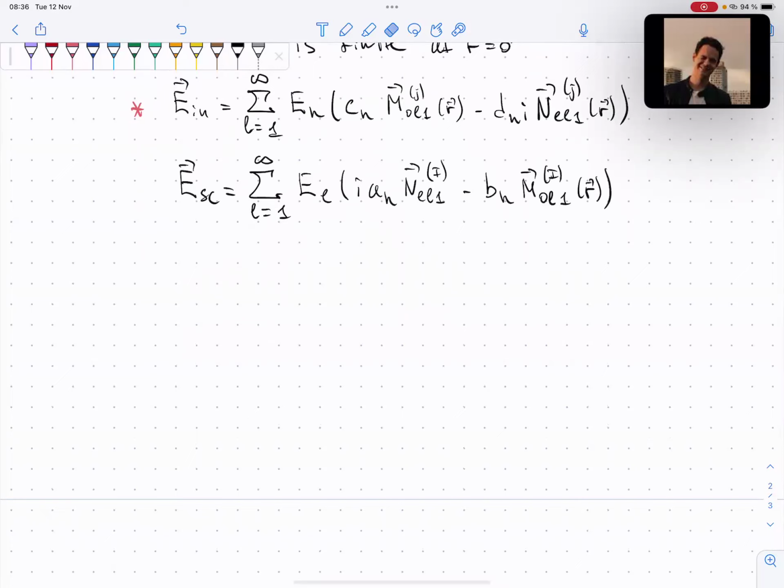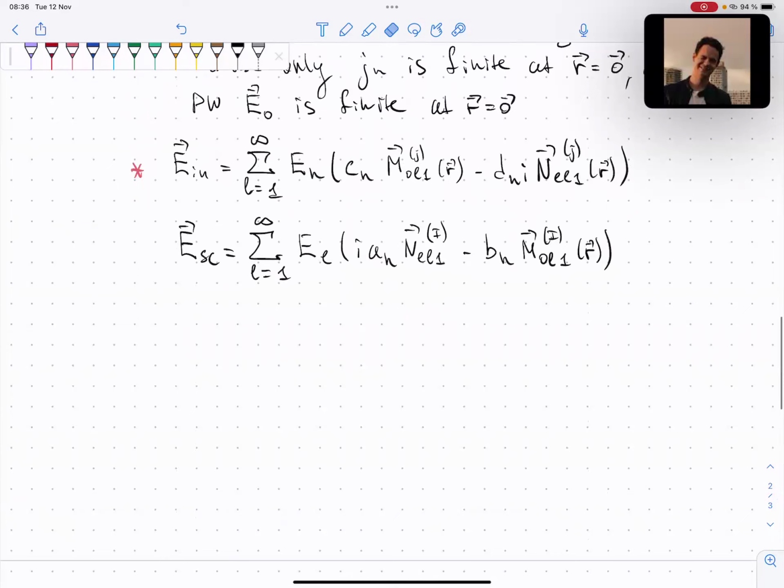Just to remind you, in our case the incident field is an incoming plane wave. It's the field that pumps energy into our resonator. Because of the incident field, we excite the matter of which our resonator consists, some electrons and so on.